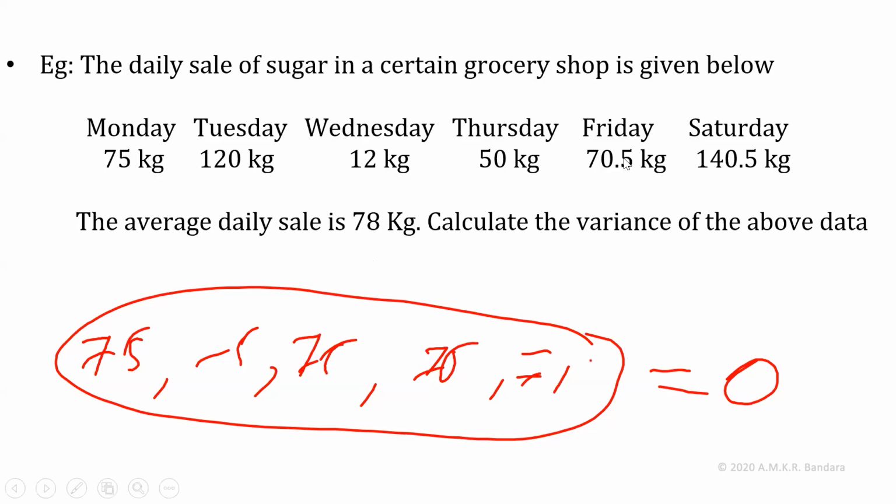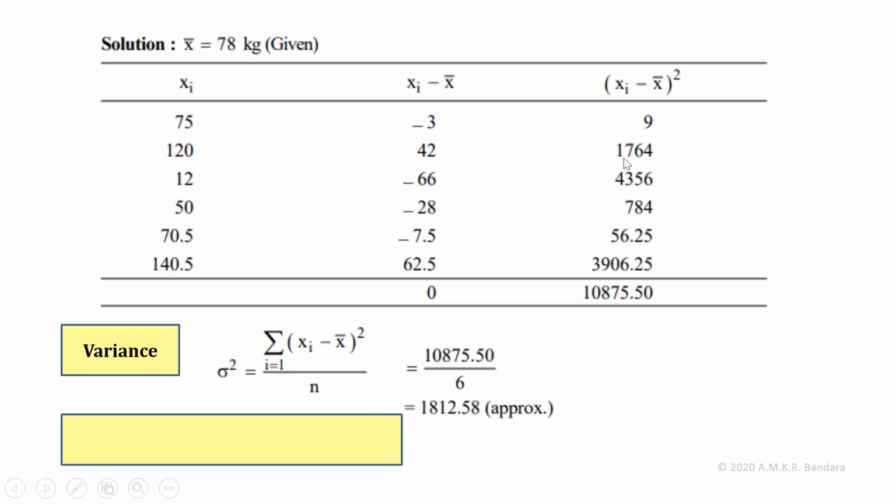The variance of this data set can be calculated. First, find the mean of this data, then subtract the mean from each value and find the deviation. These are the deviations. The mean was 78 kilograms, then 75 minus 78 is minus 3.